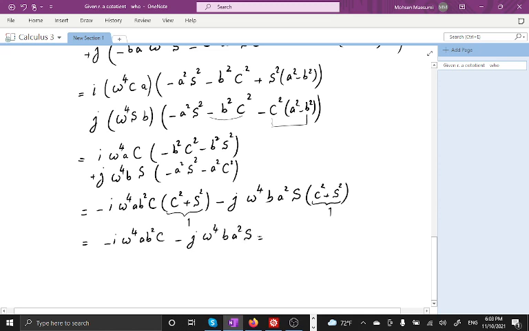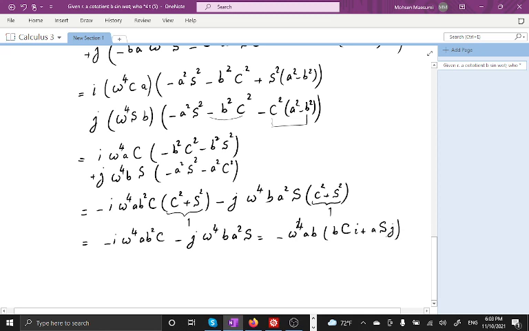And of course we are going to clean up one more round. I'll have minus omega to the power of 4 a b is common to both of them. Now it's going to be b c I. So from the first one I have b cosine of omega t I plus a sine of omega t times j.